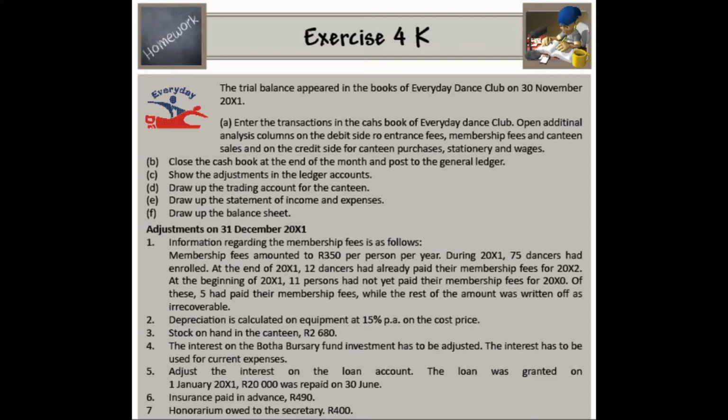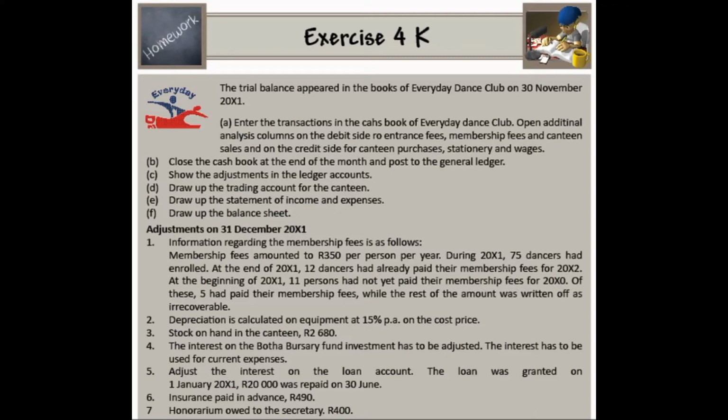And then you will also have another entry for the adjustment on the credit side, and that is income accrued 715, because that is the difference between the 2860 of what the interest should be and what we've already received. That gives you income accrued of 715. And the double entry for that is debit income accrued and you credit interest Botha fund.